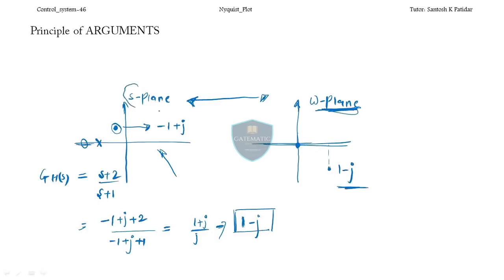In the S plane the point was -1 + j, but when you put this into the given system, you got something else, and that you are plotting in another plane. The origin of this you are choosing like this, so you get the same point over here. So what is going on? You are just mapping. This point is now mapped into this plane.